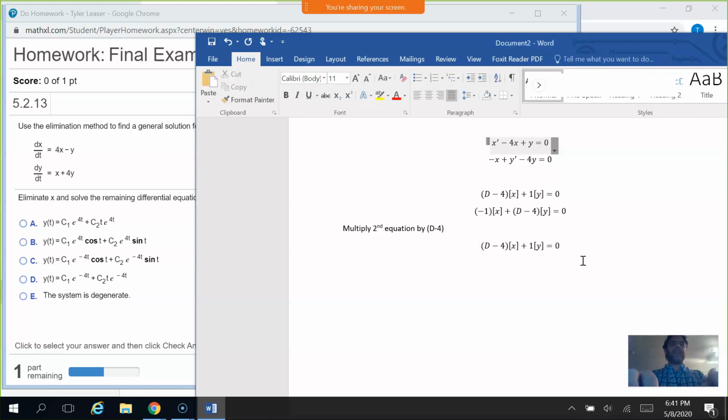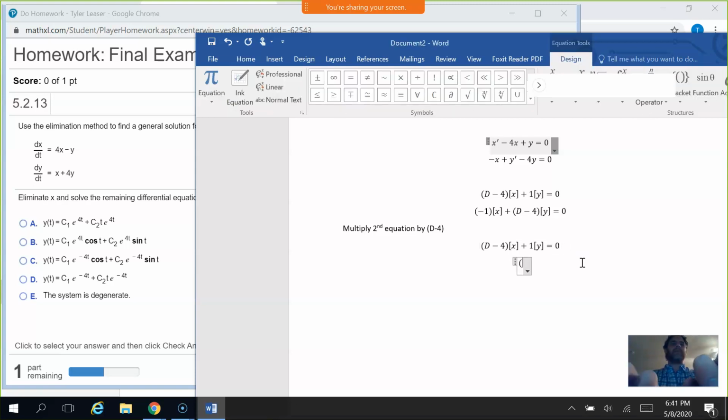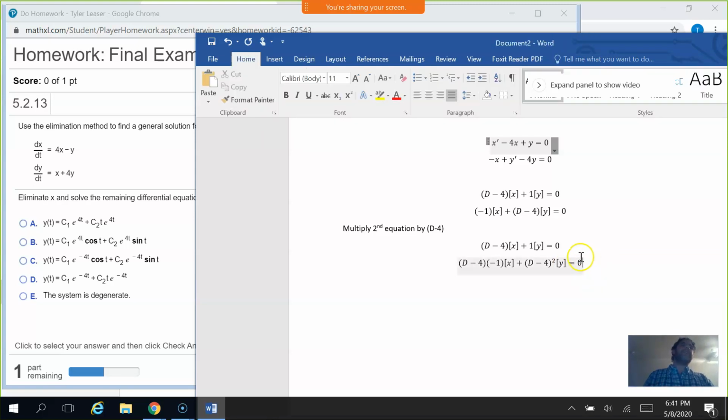But on the second equation, we're going to multiply that D minus 4 onto there. I'm going to write this as D minus 4 all squared acting on the y. I don't have to worry about operating D minus 4 onto 0 because anything operating on 0 is just going to be 0.